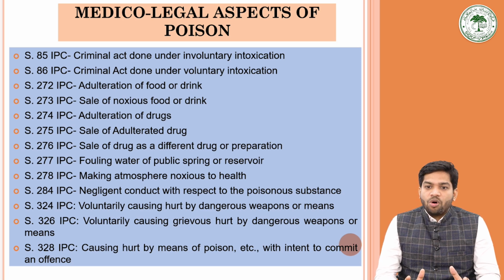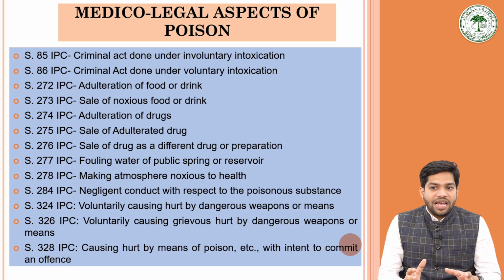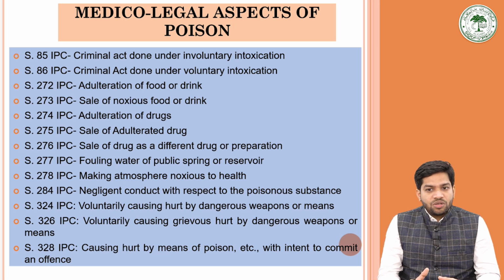This classifies all possible crimes and prescribes punishment for them. It has 23 chapters and 511 sections. Chapter 16, which has sections 299 to 377, deals with the offences affecting the human body and is most relevant for the medical practitioner.